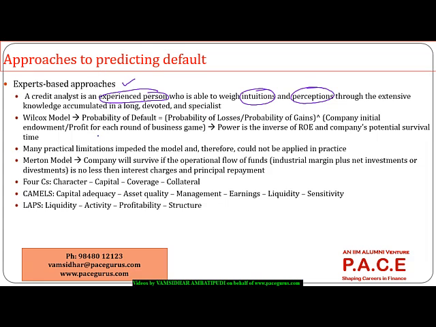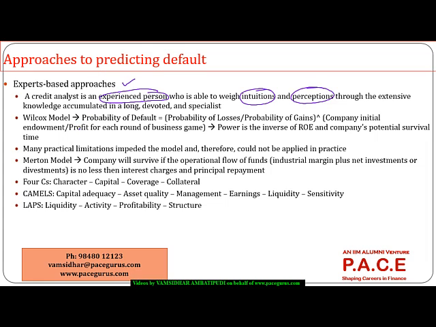They have a very strong knowledge of the entire credit process. So he is a specialist, and based on the experience and expertise they carry, they give the assessment of the various firms. That's an expert based approach.